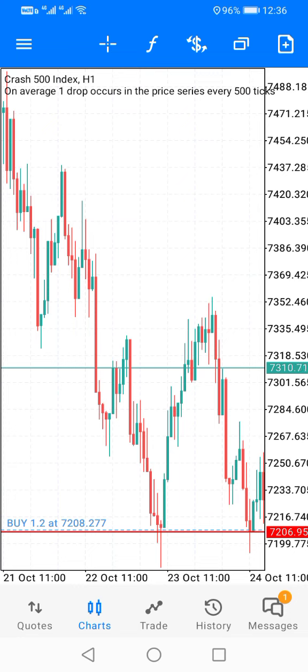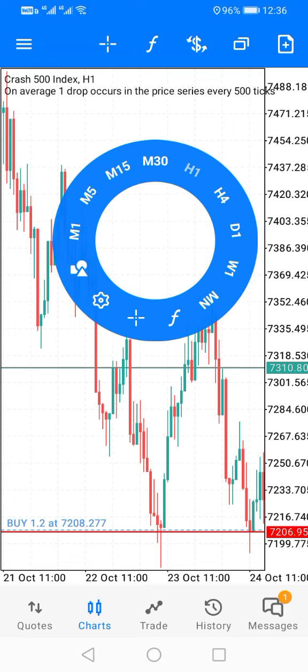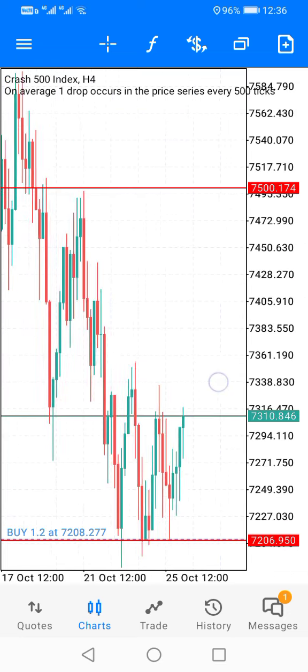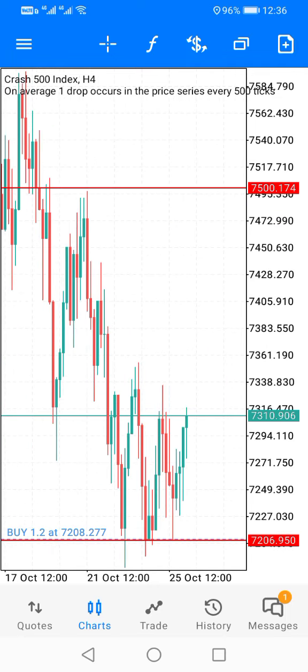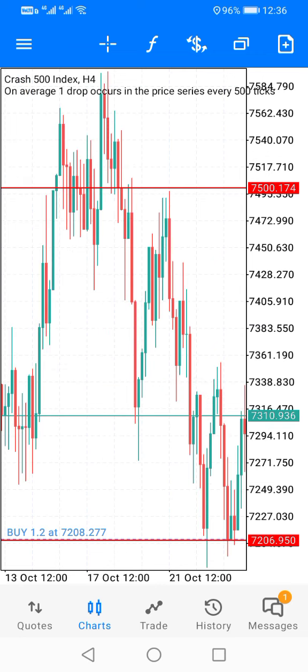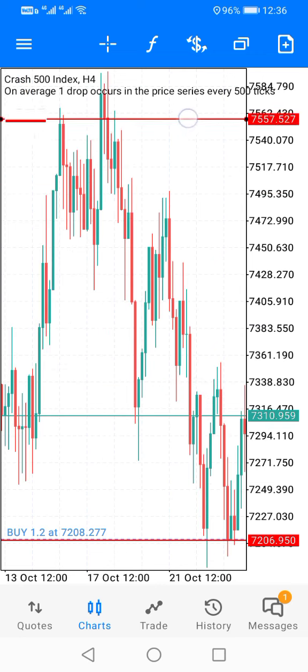Okay, so first of all, I'm on H4. From the H4 analysis, I'll come back to the H1 and show how I made my entry there. If you see here on top, these are the highs and the lows of the market.